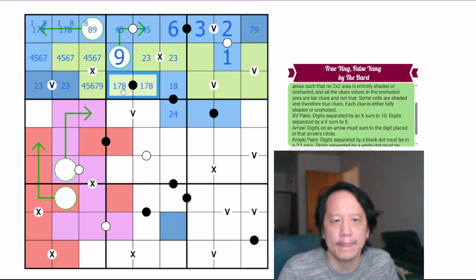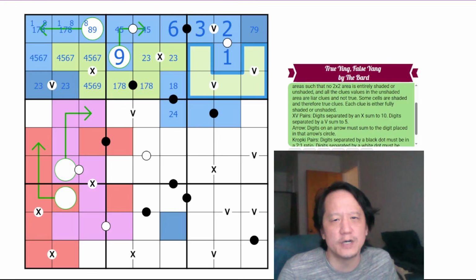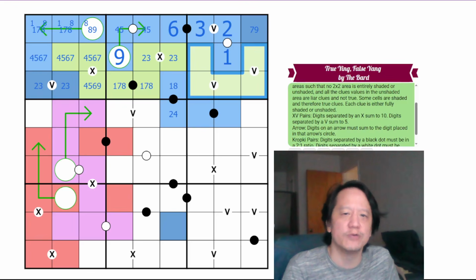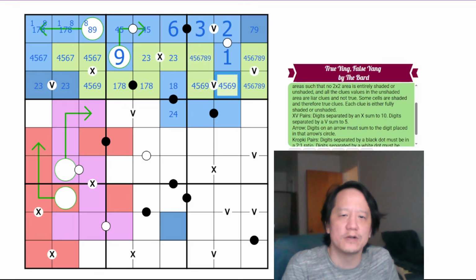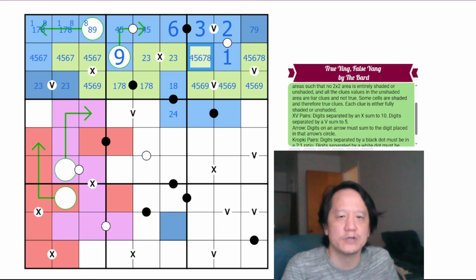No more 7 here. Remaining digits in this box 3, we have 4 through 9. No 7 or 8 here. No 7 or 8 here. No 9 here because of 9 in the row.